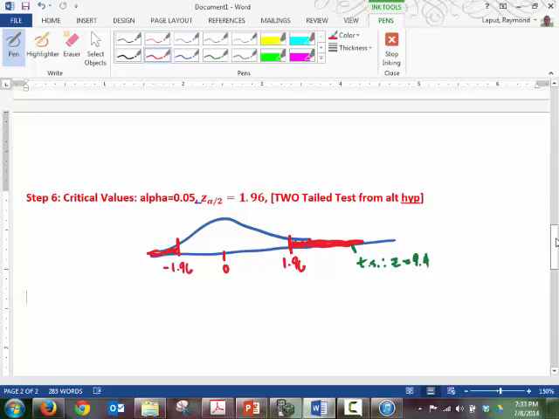The critical region goes on forever. Remember, this graph goes on forever, so anything past 1.96 will be part of the critical region.